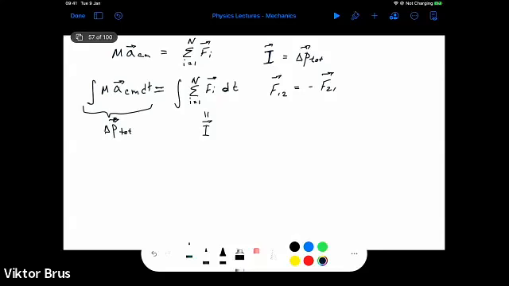That is why if we have a system of many bodies and they interact with each other, all internal forces are compensated in pairs.